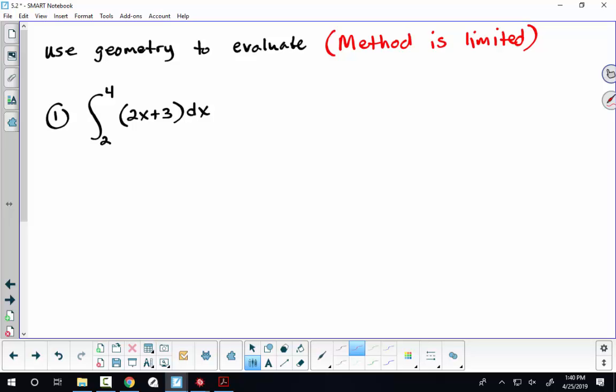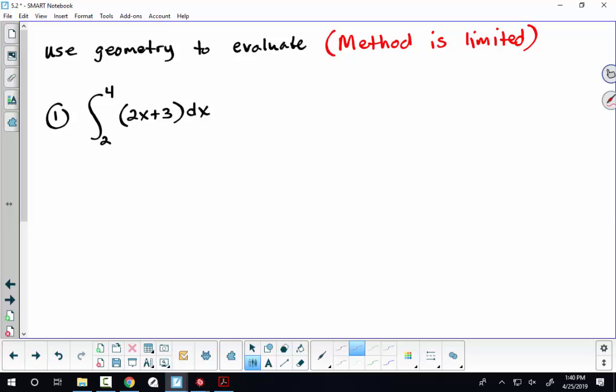But the idea is once we know what this represents, if we can draw out the picture and it's some geometric figure, like a square or a circle or whatever, then we can just use a geometric formula to find the area.